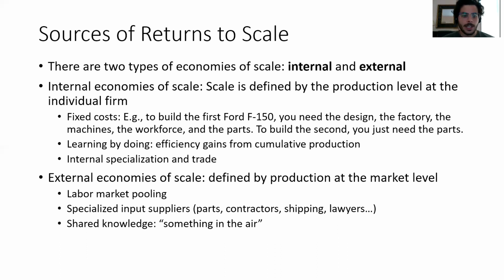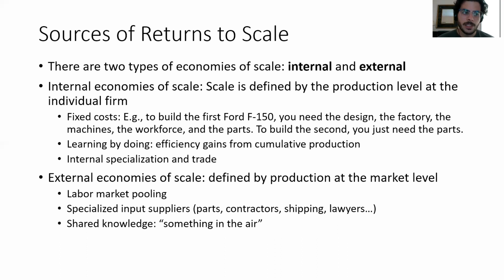And lastly, one of the classic examples of this was what's called shared knowledge. So if there's a lot of people working in the same industry, in the same place, there can be something in the air in that place where knowledge is just shared openly in coffee shops or in the streets or through social networks.